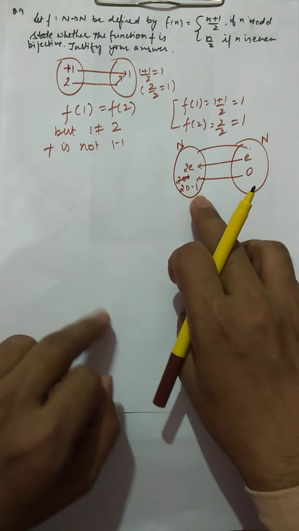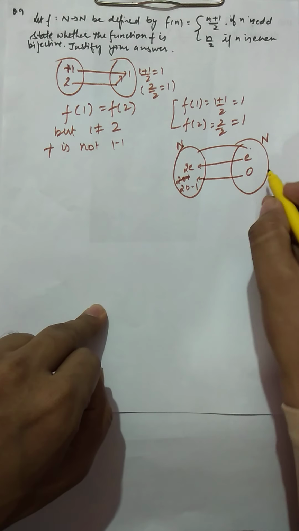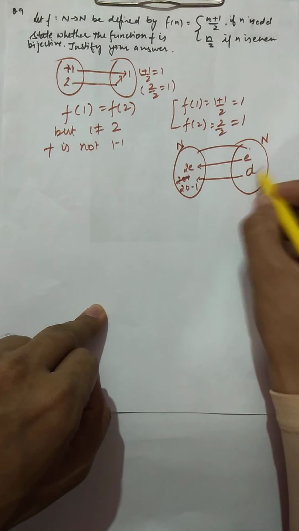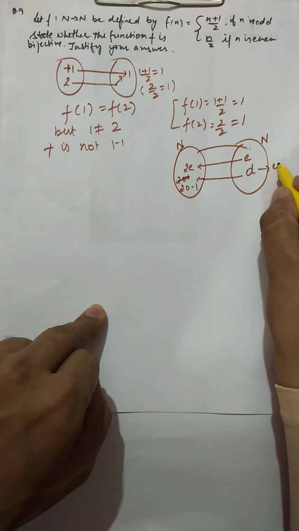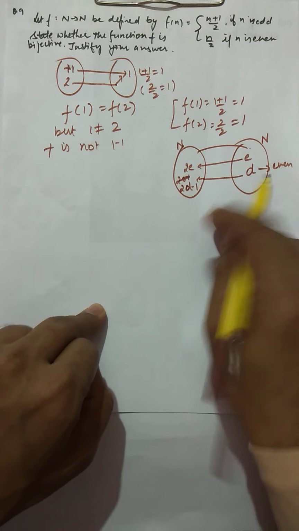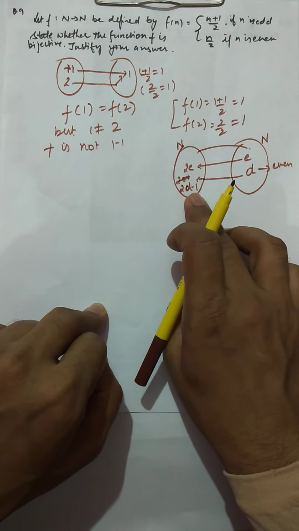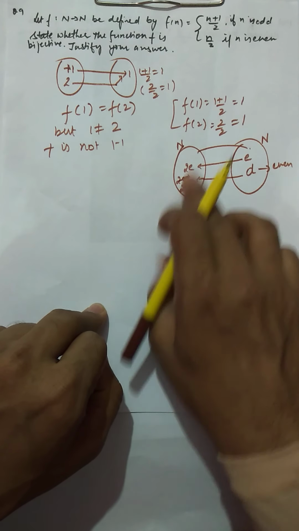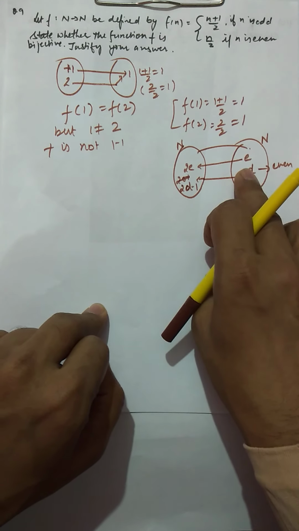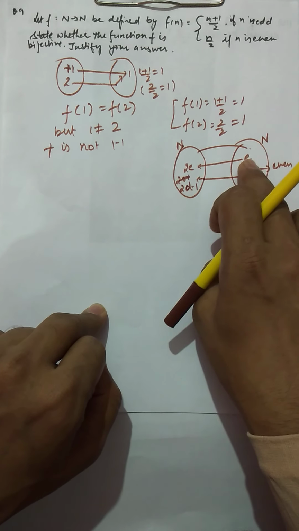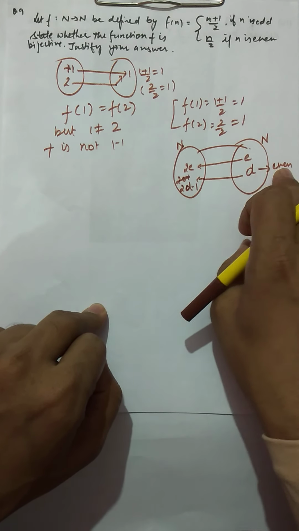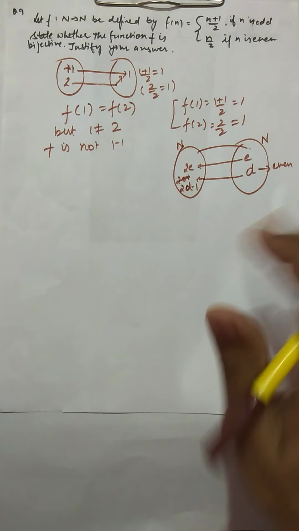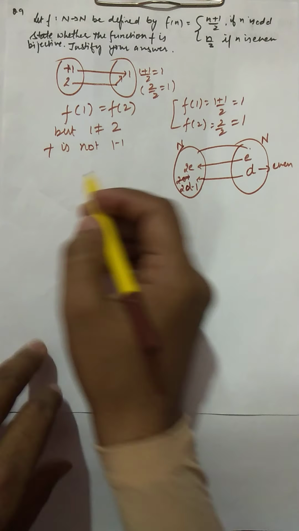If it is getting confusing, we can take d. Let's say d stands for odd, then you will get some pre-image as 2d minus 1, and if you substitute this in the function, you will get the answer in both cases, for even and for odd. So now we start from like this.